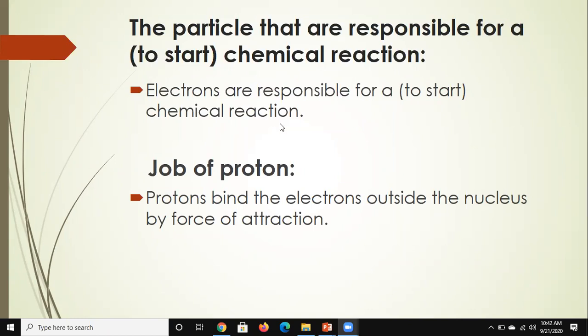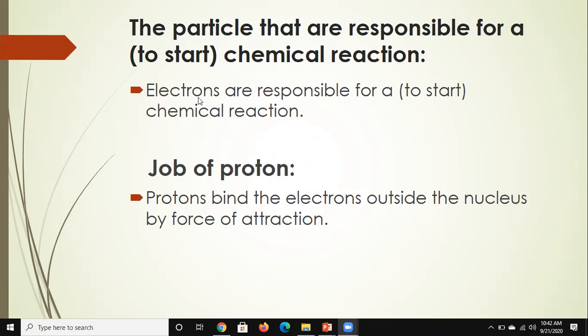So the question will come: why will they react together? Who is responsible for the reaction? I'm talking about any chemical reaction. What is inside the chemical that makes it start a chemical reaction? We are saying that it is actually electrons. Electrons are present in every chemical, in every element, in every atom. So electrons are responsible.